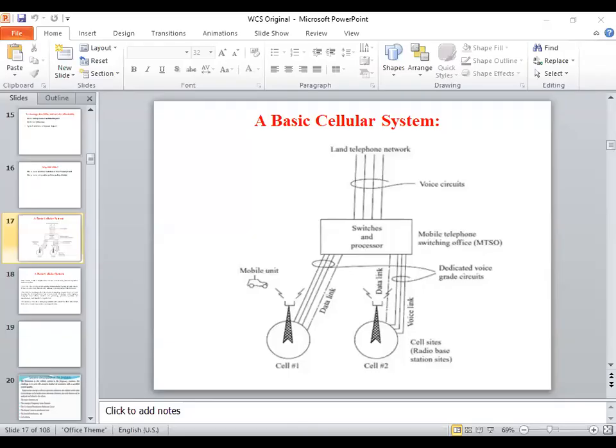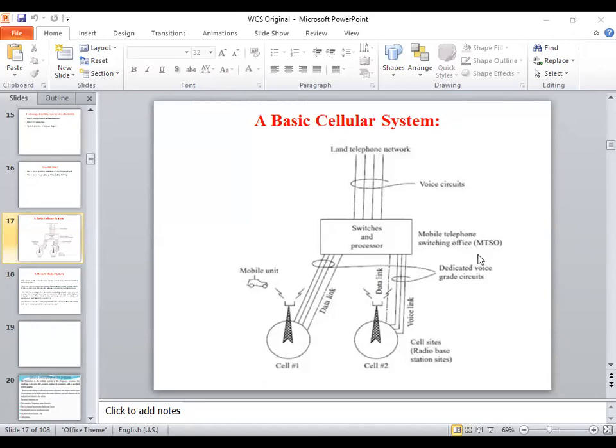Okay, students, now we will do the next concept, that is the basic cellular system. This is the diagram for the basic cellular system. A basic cellular system consists of three parts. One is the MTSO, written here, that is mobile telephone switching office.